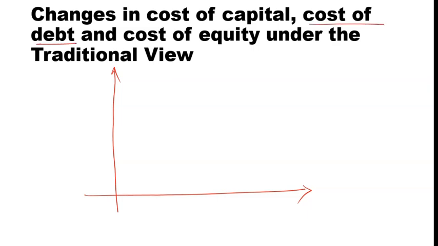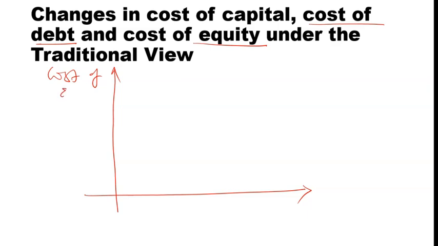Okay, that is it. So basically, let me just draw this graph again so that I show the changes in the cost of capital. Remember I said the cost of capital includes the cost of debt, cost of equity, and whatever other capital there may be. Usually the riskiest form of capital is equity.